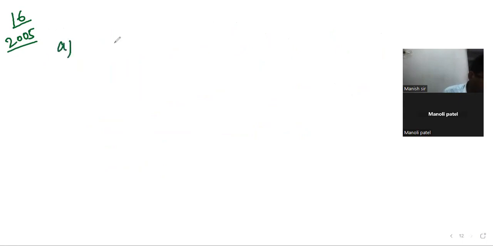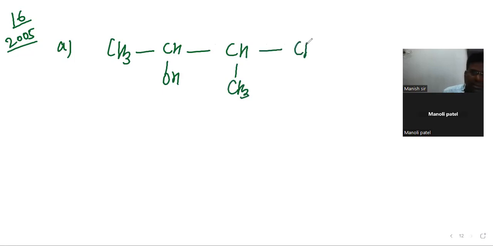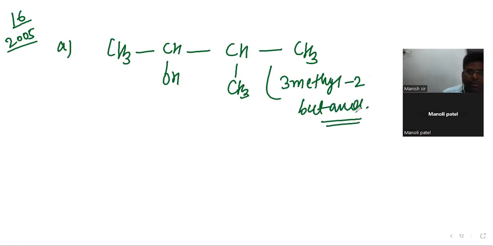The first option is CH3, CHOH, CH, CH3, CH3. The name of this compound is given as 3-methyl-2-butanol. Counting is started from here: 1, 2, 3, 4. The OH comes at the second position, so these two should be written here. So it is not correct.